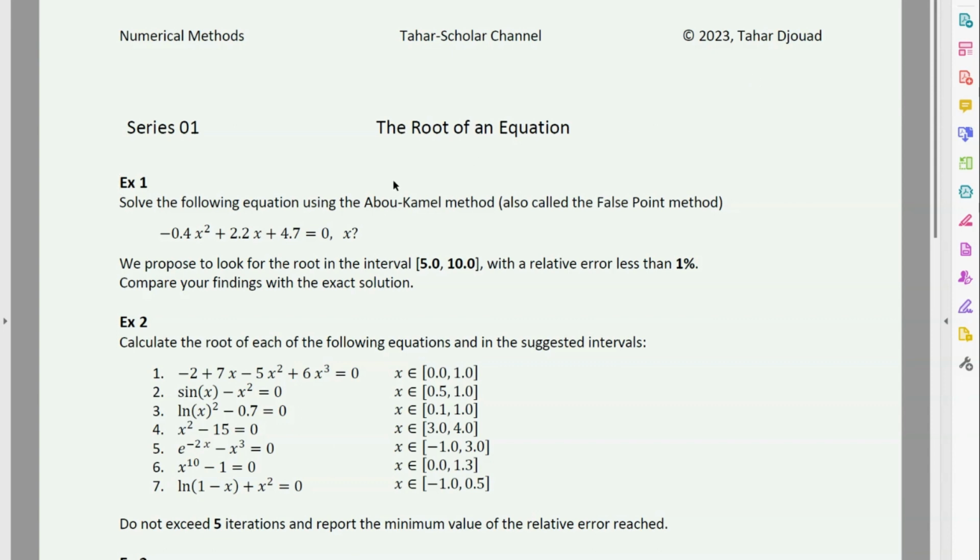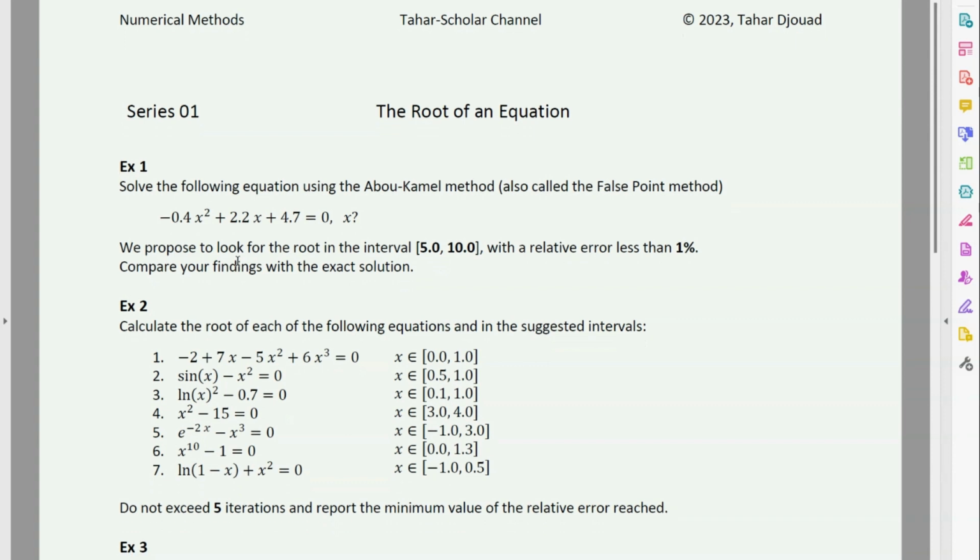So let's see a brief overview of the series, and then we go back to our setting with the notebook and the pen and solve the exercises. The first exercise is to solve a quadratic equation, both with Abou Kamel's method, numerically, and with the analytical method, and try to compare the two methods.